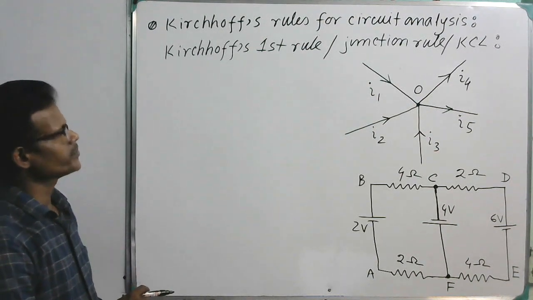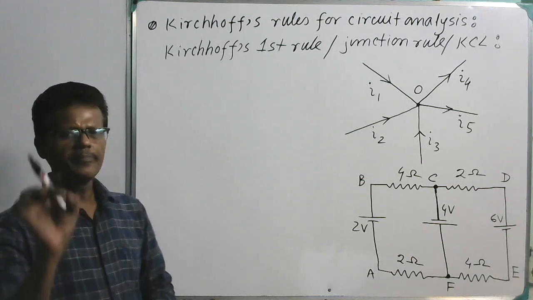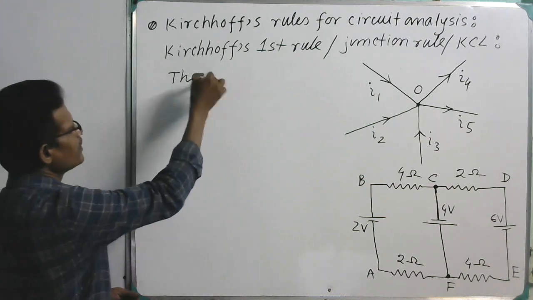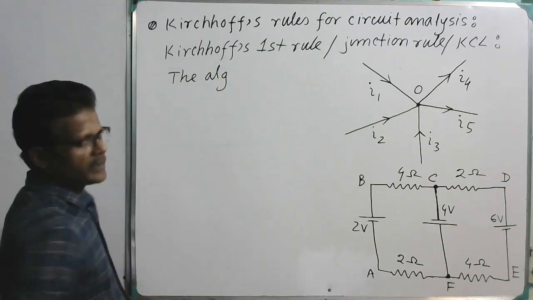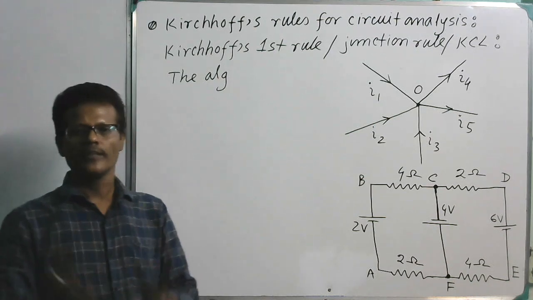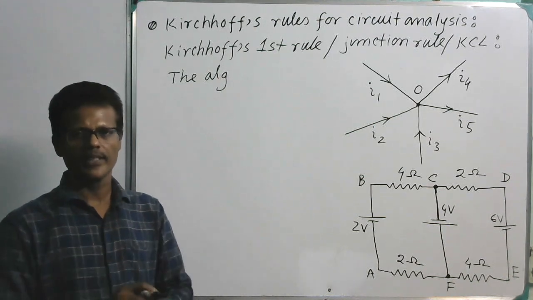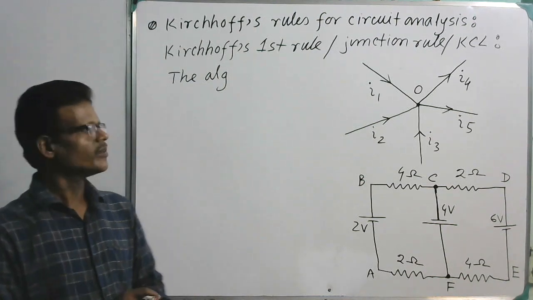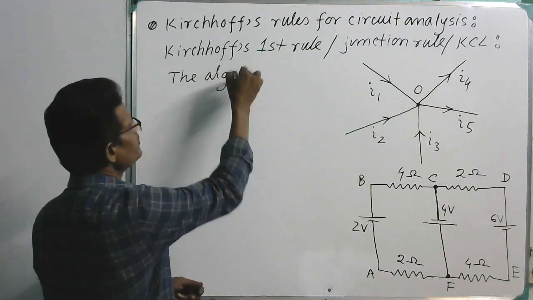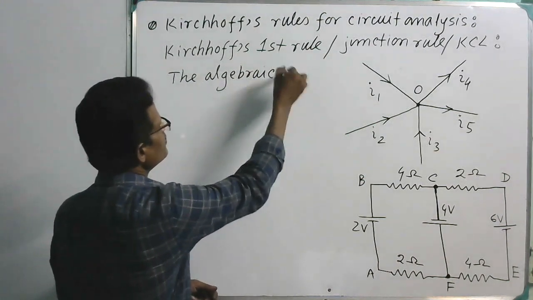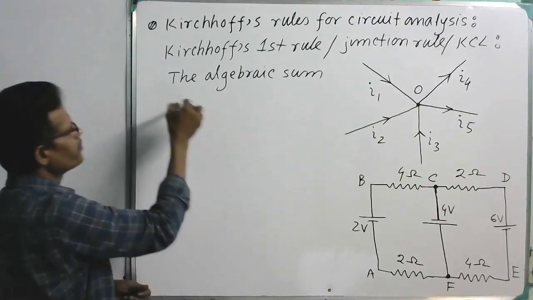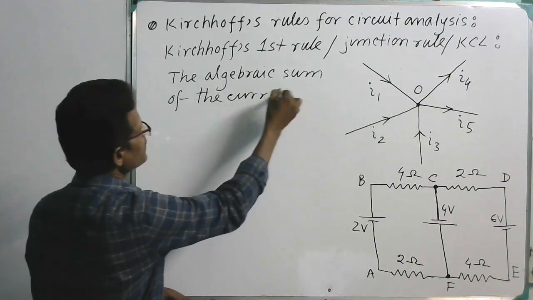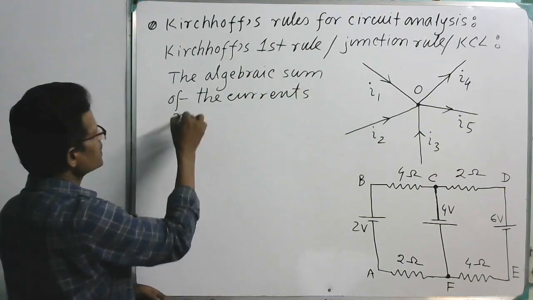So what is Kirchhoff's first rule? Very simple law. The algebraic sum, algebraic means few terms are positive and few terms are negative. Simple sum means all terms are positive or negative.